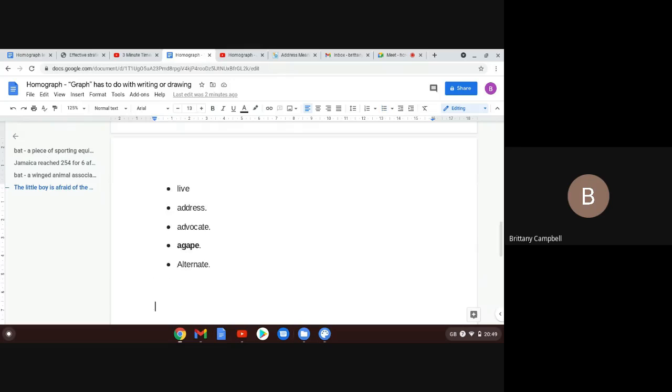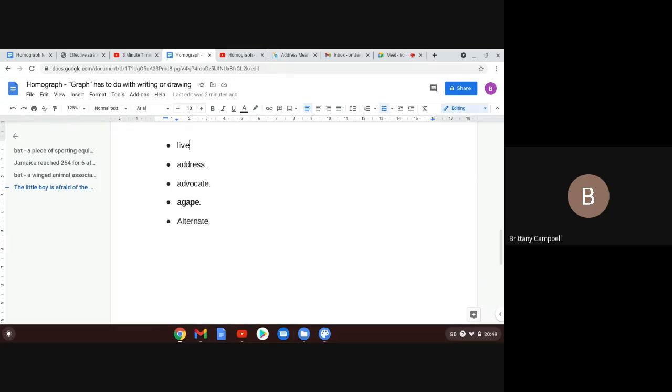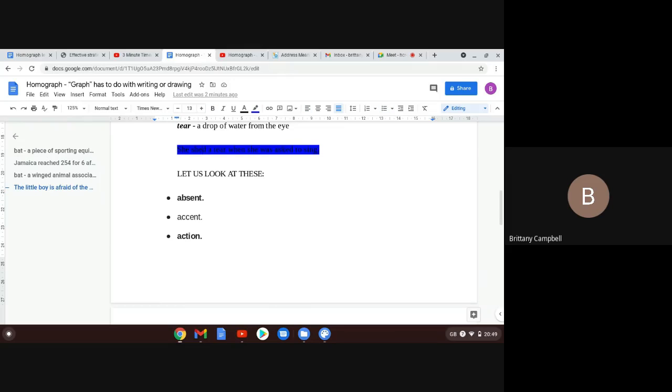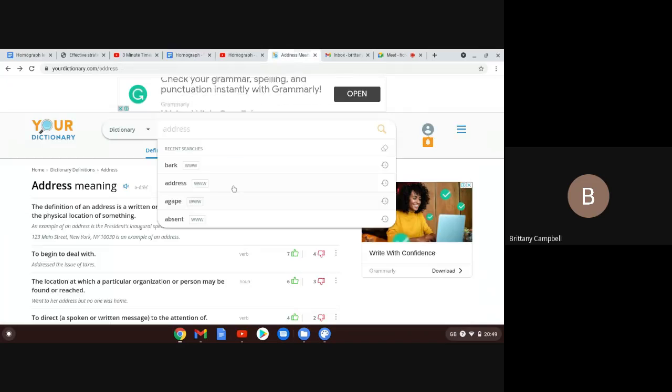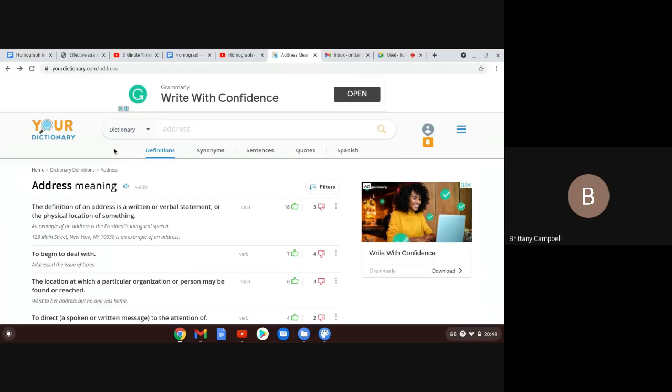All right. So what I want for you to do, if you're using your gadget, whether your tablet or your phone, you're able to use your dictionary online. This can help you to come up with other words or to help you with meaning. All you have to do is in Chrome or Google, you type in yourdictionary.com.